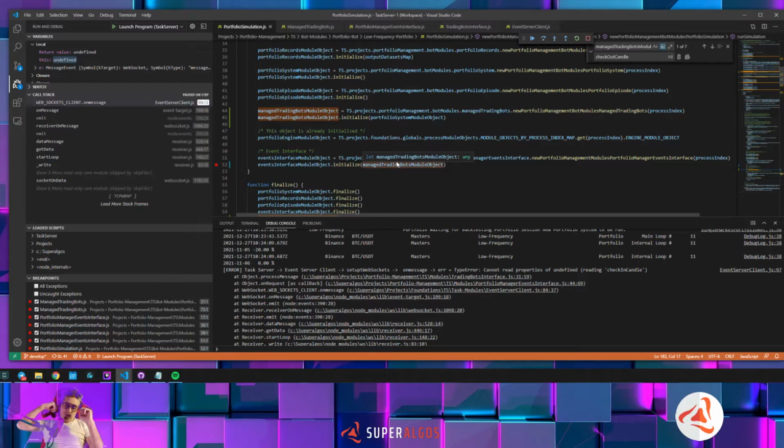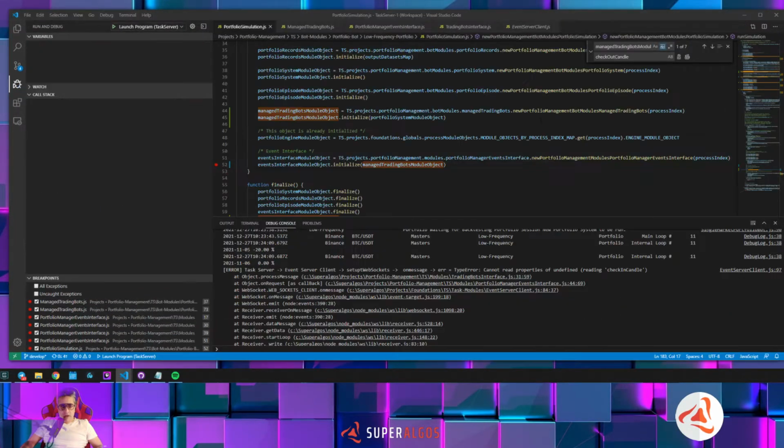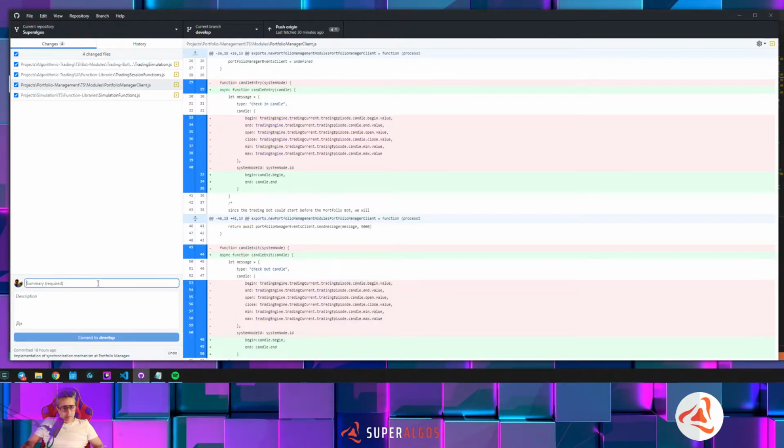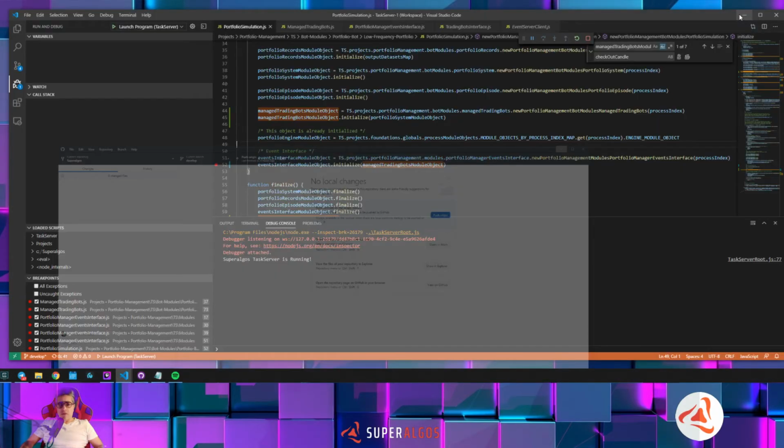Okay, so we'll need to run this again. We'll need to stop it all, those guys. So we run the portfolio again and we will see why this is not initialized well. In the meantime, these changes worked, so I'm just going to commit it so that I can use this as a tool to see what I've changed.